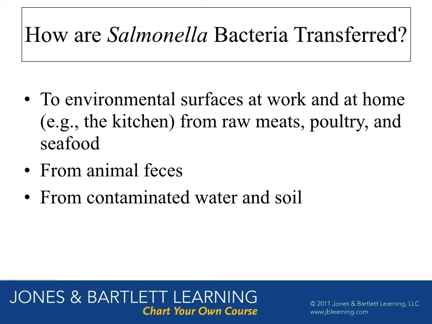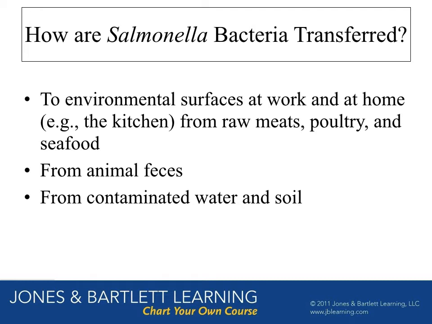How are they transferred? Environmental surfaces at work and home, in the kitchen, from the pets, as we just mentioned. Raw meats, poultry, and seafood can already be contaminated. And so if you're not careful about cleaning the surfaces at home, this goes for any kind of bacterial contamination or contaminations in general. But Salmonella is present, as we mentioned, in the animals, so the feces, or any other contact with the animals can potentially have Salmonella.